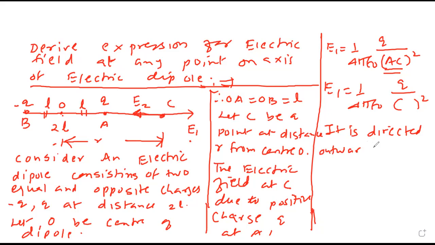R minus L. Correct. See, this is O, this is A, this much is L. From here to here it is r. So this distance will be r minus L. And because the charge is positive, it is directed outward. First equation clear? Yes. Copy this much. Draw the diagram and copy.